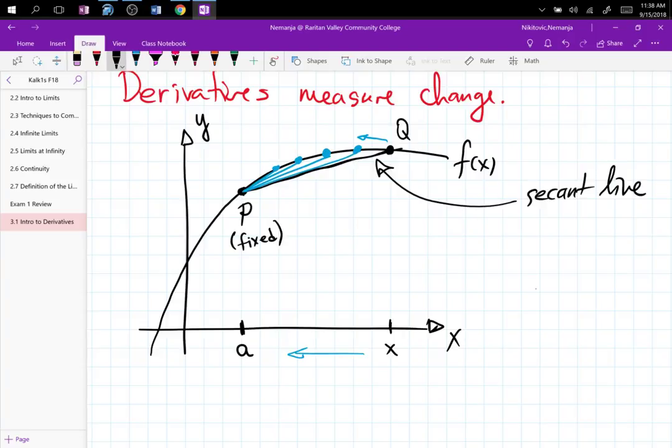Every time you have a secant line, its slope will simply be y2 minus y1 over x2 minus x1, which is your standard algebra formula for the slope. We call this m secant, with SEC. That is the slope of the secant line.